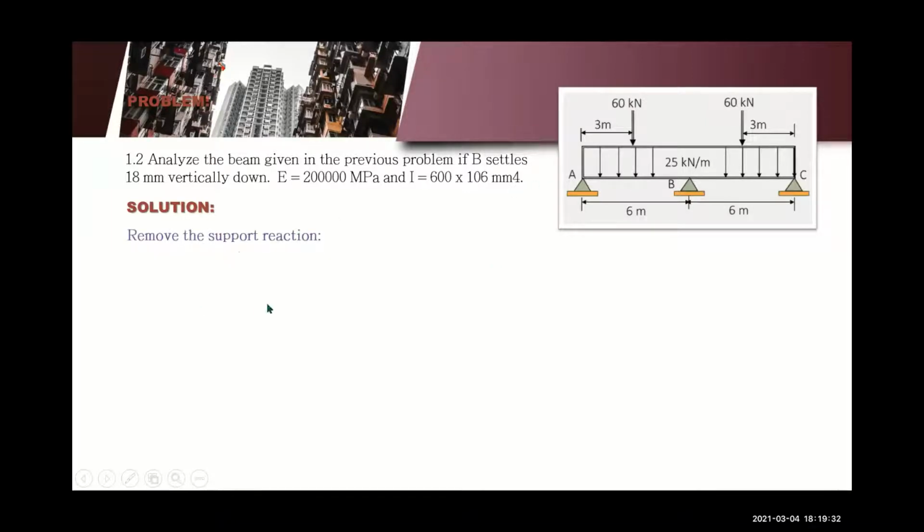So, first, di ba? First step, remove the support at B. So, this will be the equation. What will happen is, we need to add the deflection at B, and then add the 18 millimeters. So, ganito yung mangyayari. Okay, so just copy the equation that we used earlier.